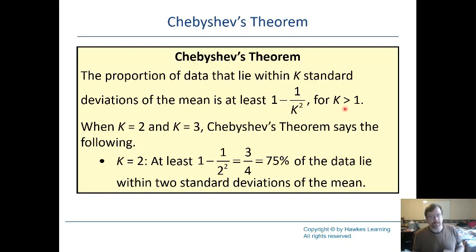So assuming k is greater than 1. Not equal to, greater than. Right, because 1 minus 1 over 1 squared would give us 0. So it's not useful there.